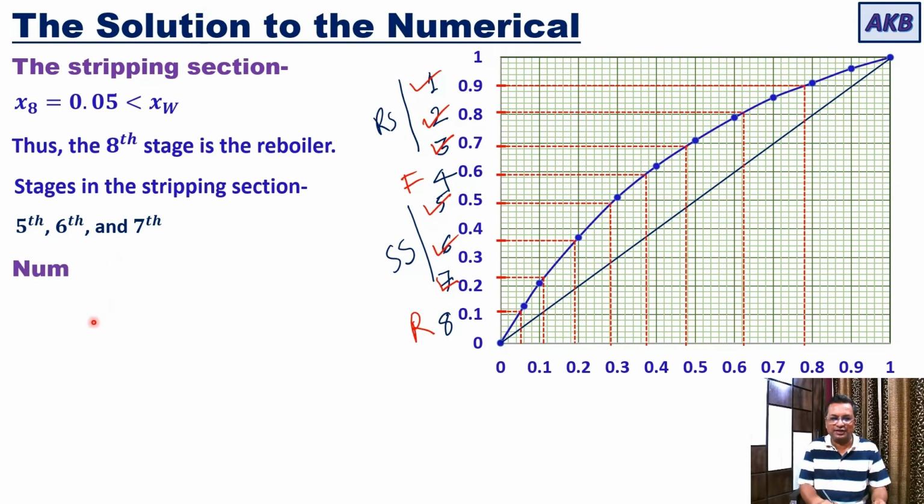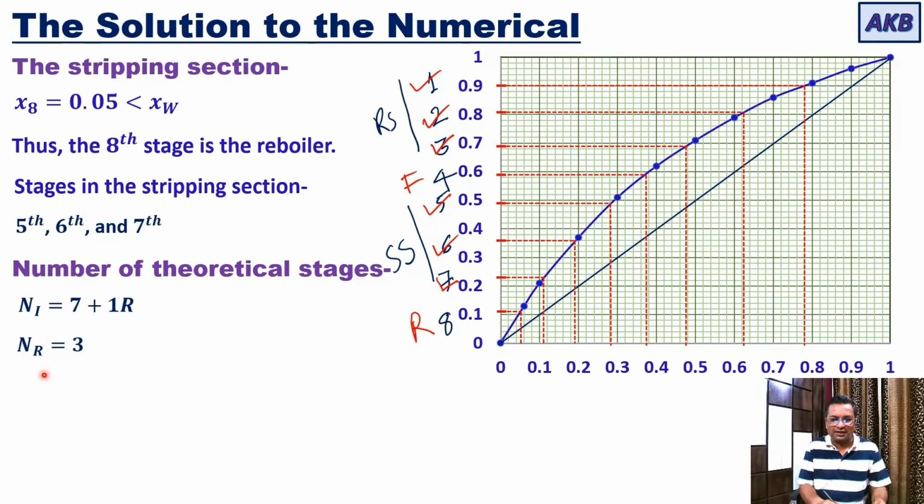The number of theoretical stages are 7 plus 1 reboiler. Number of stages in the rectifying section are 3: 1, 2, and 3. Number of stages in the stripping section are 3: 5, 6, and 7. And the fourth plate is the feed plate.